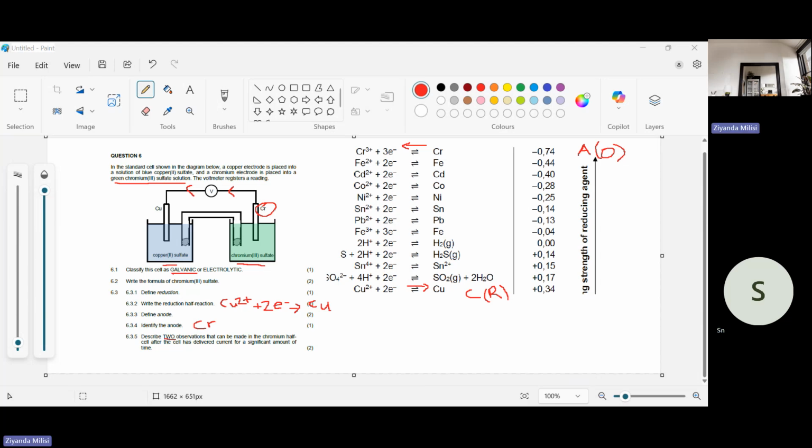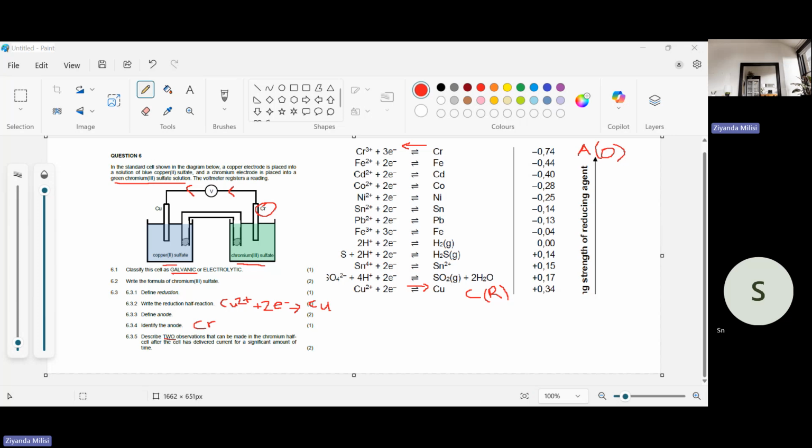Or the green color of the solution will darken. I hope you see how the observations are made. You can see the marks here that you cannot miss.